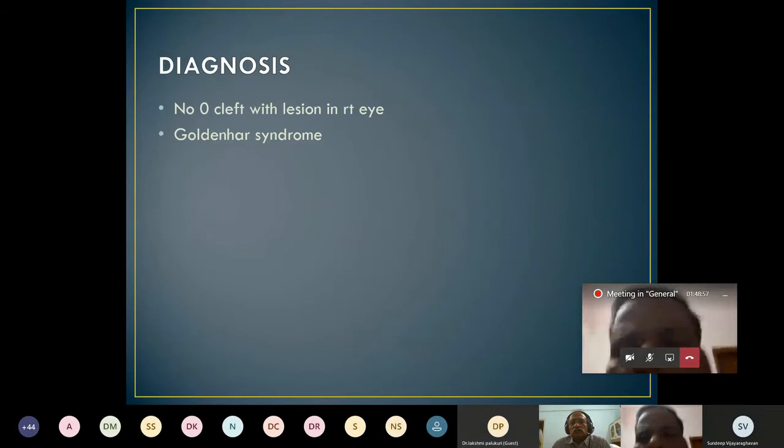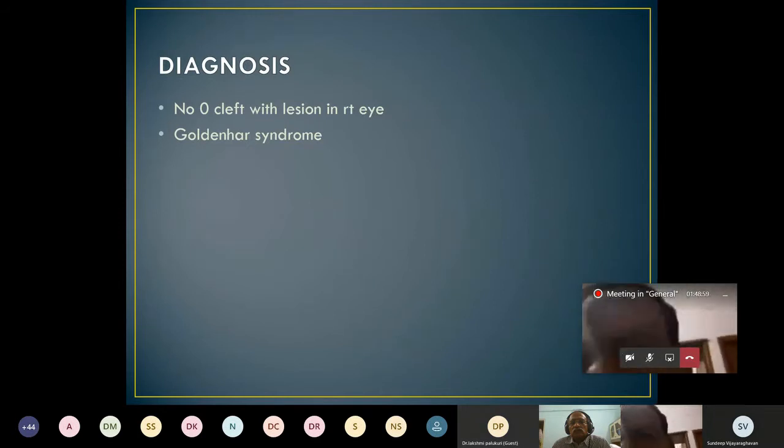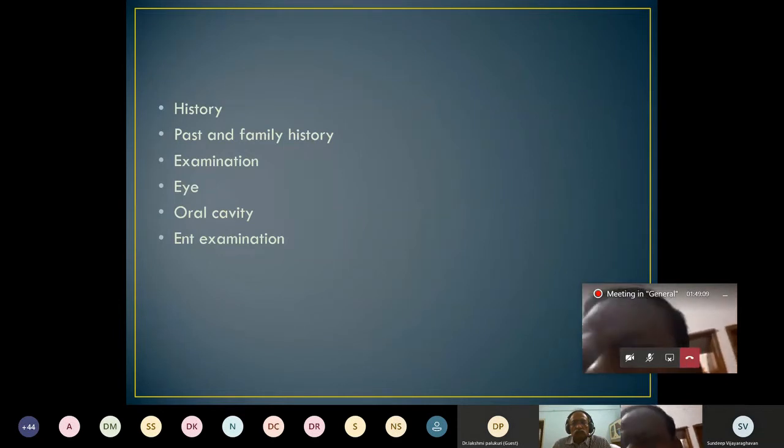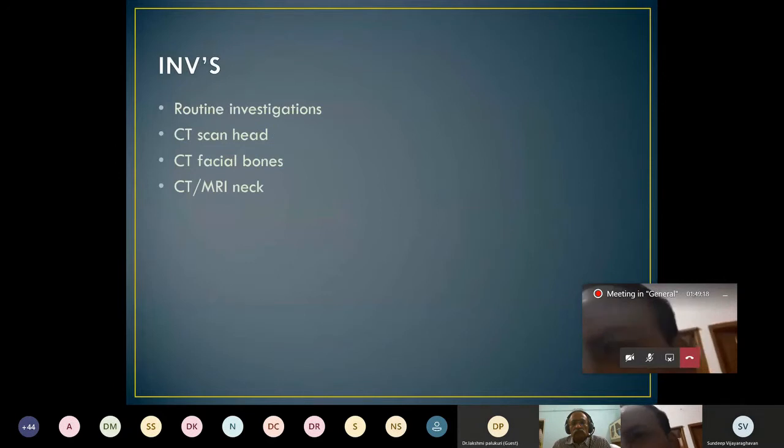For this patient, I want to ask a detailed history of the patient, regarding the past history and the family history. Is there any significant family history in other members of the family, or whether this child itself is a first child?